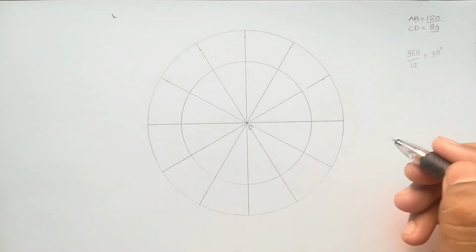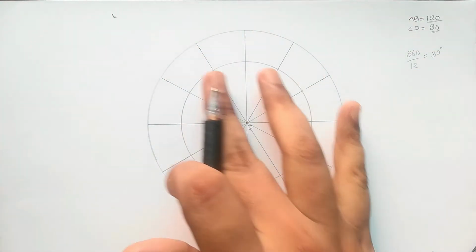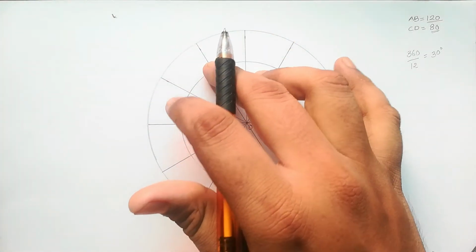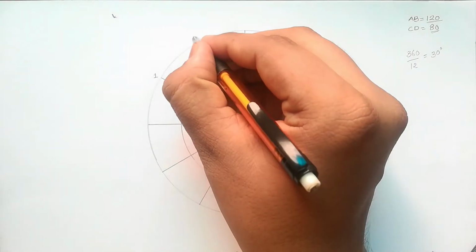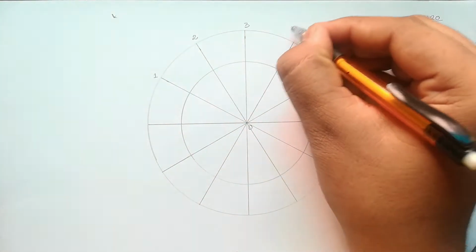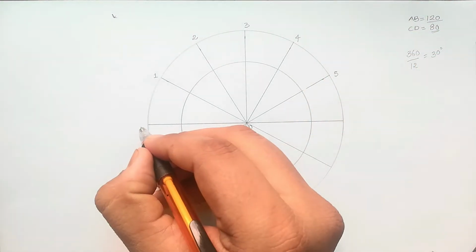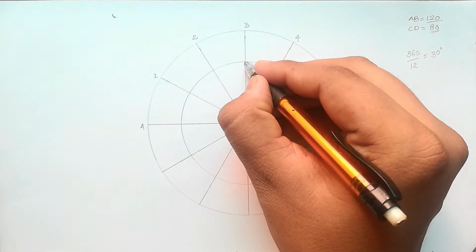Now, you can observe that the whole circle is divided into 12 equal parts, the outer circle as well as the inner circle. I will start giving the numbering from here. Let me say this is my number 1, 2, 3, 4, 5. Over here, this is my major axis A, B. And let me mark the minor axis over here.